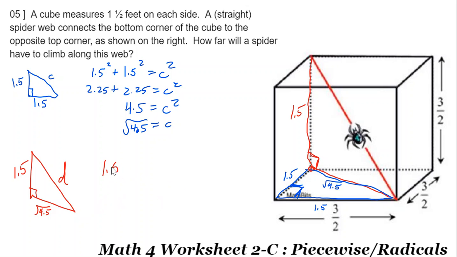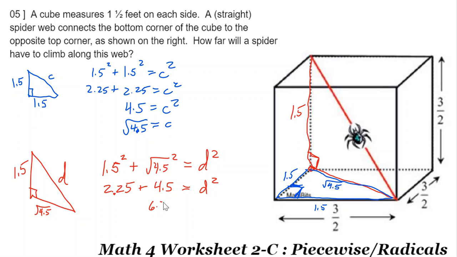So we're going to say 1.5 squared plus square root of 4.5 squared. Oh, is that a thing of beauty or what? Because these guys are going to cancel each other out, and we're just going to have 4.5 left over. And you thought that was going to be ugly.